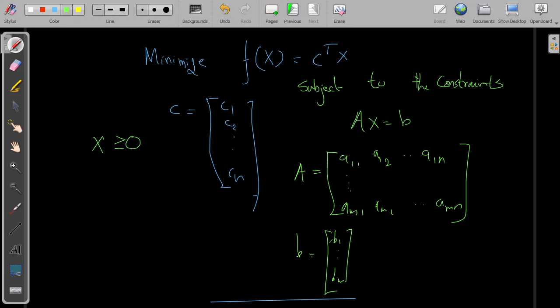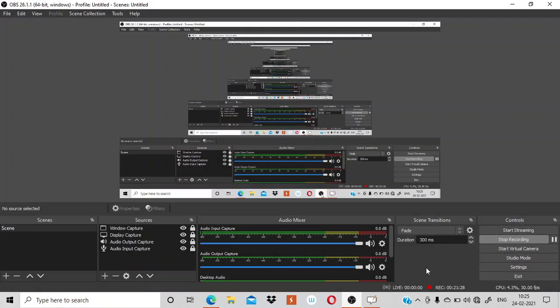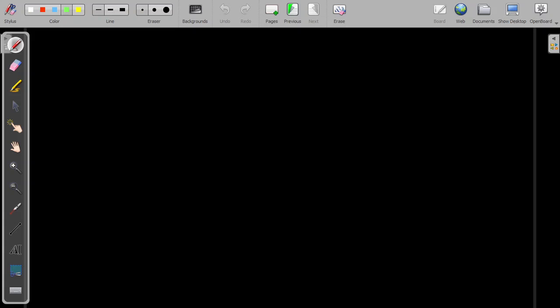Now the characteristics of an LPP in standard form.